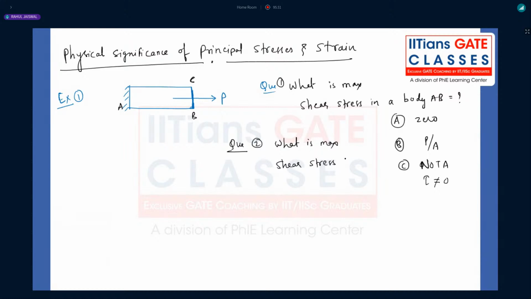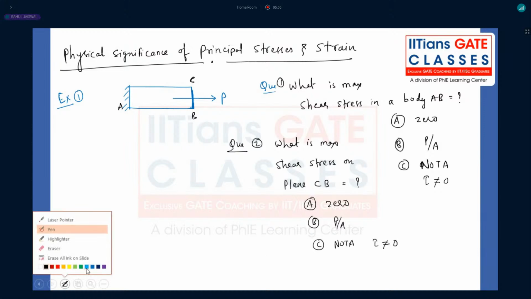What is the maximum shear stress on the plane? CB. Option A: 0. Option B: P by A. C: none of the above. That means shear stress will not be equal to 0. Tell me, guys, what will be the answer for question number 2?